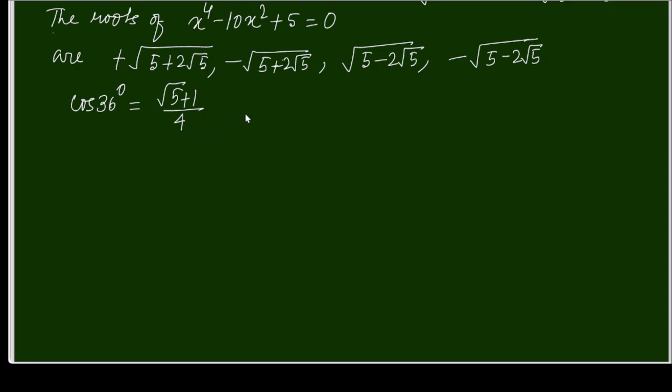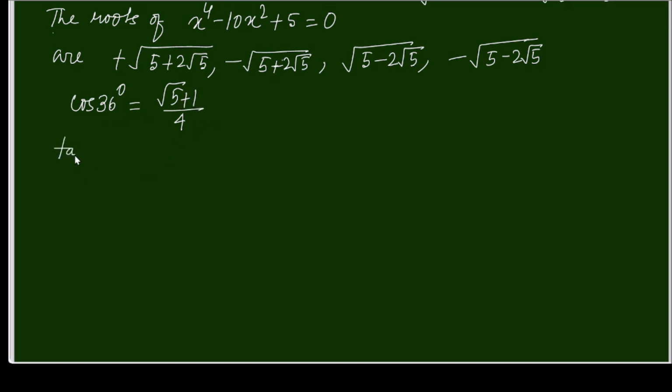You can also find this cos 36 using cos 18 degree or sin 18 degree. We have already a video to prove this one. You can watch that, or if not, you can try it. So cos 36 is equal to square root 5 plus 1 by 4.